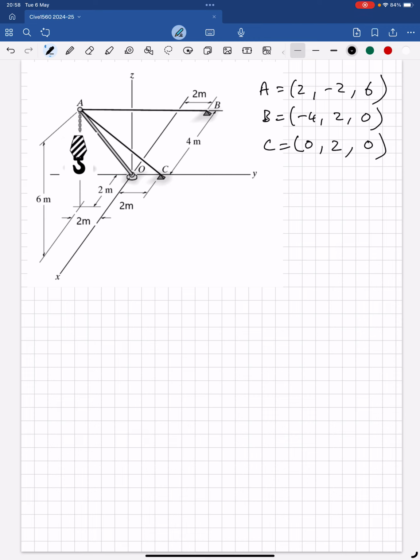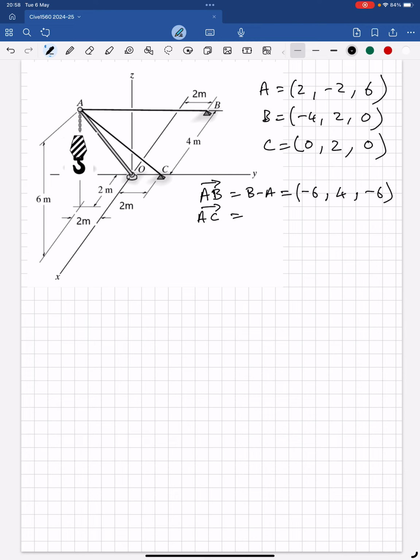We then need to calculate the vectors in the direction, and we'll do them. AB is equal to B minus A, which is equal to, and get this right as well, because it's easy to get your signs wrong here, (-6, 4, -6). I'd recommend you do this, check it again, and do it again to make sure you've got all your signs right.